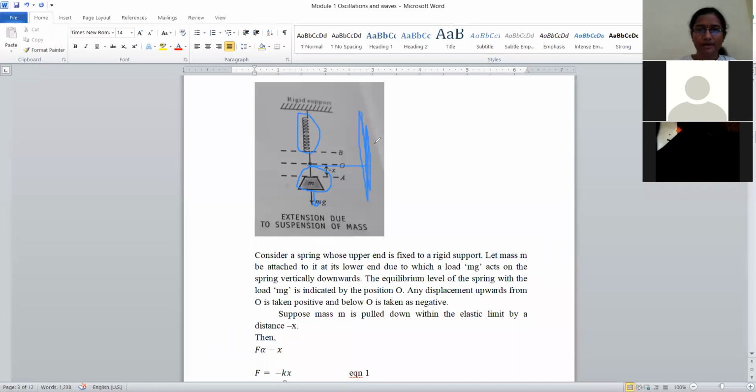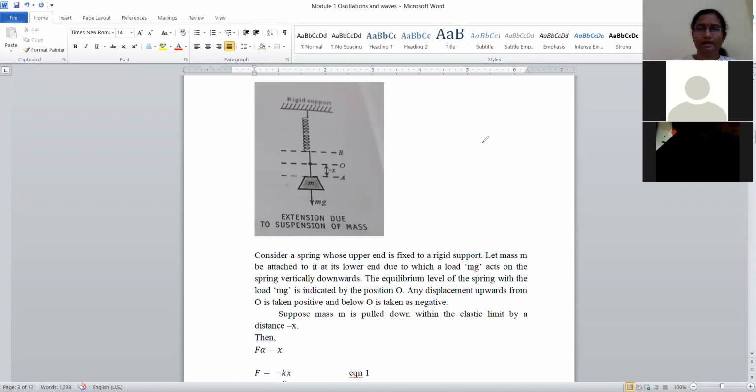The oscillations will be in this fashion. So any displacement upwards from this position O, the equilibrium position, is taken as positive, and any displacement towards the lower side, below O, is taken as negative.